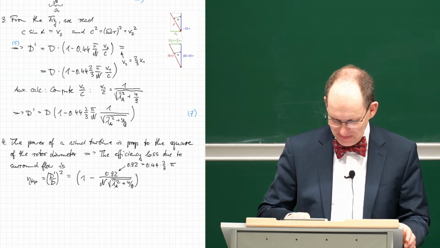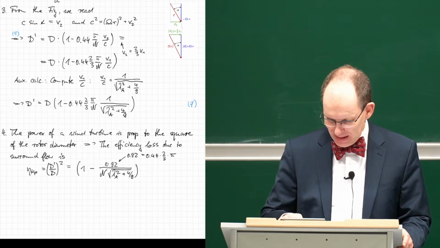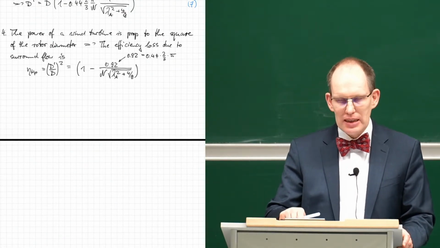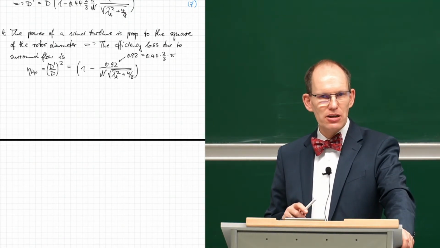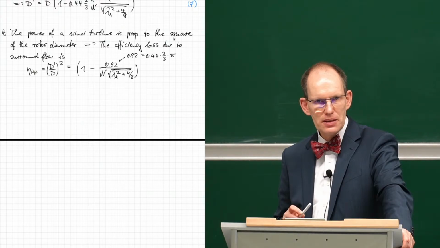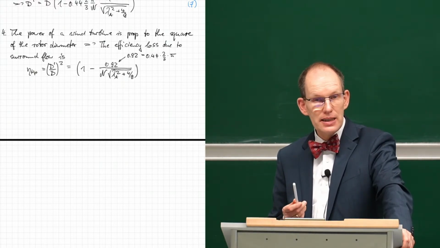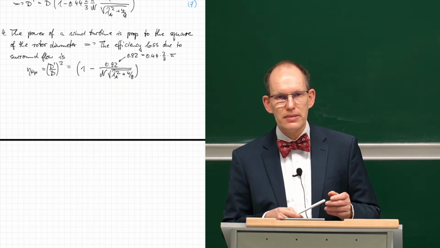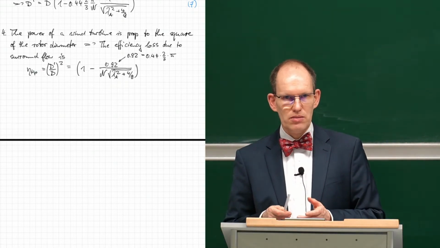Okay, now we can simplify it a little bit more, just remembering the conditions that we actually have at a wind turbine. So we said that the typical tip speed ratio for a wind turbine is on the order of 7 or so. Yeah.